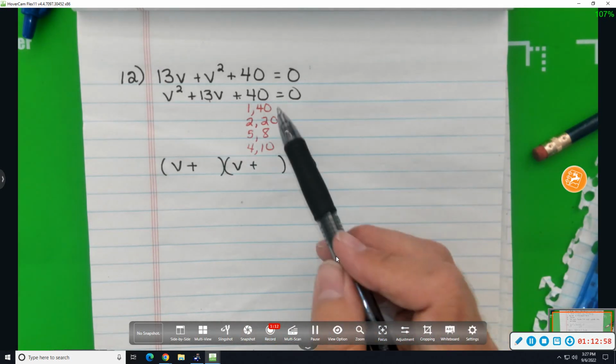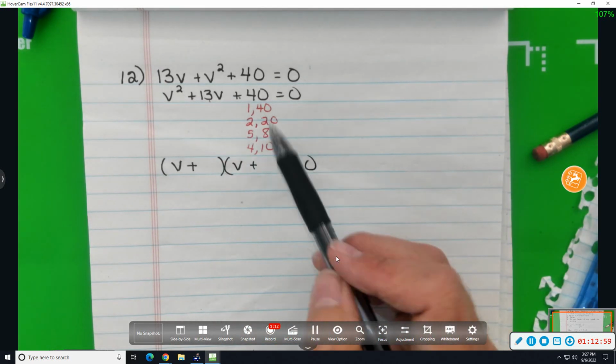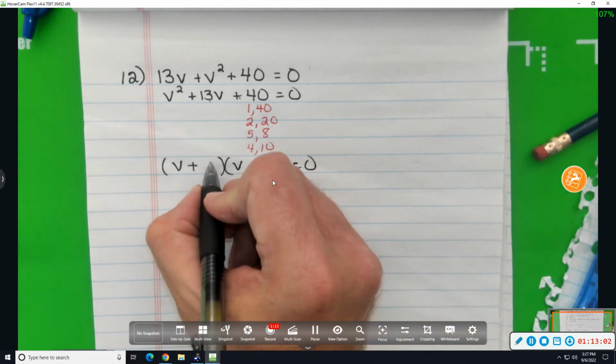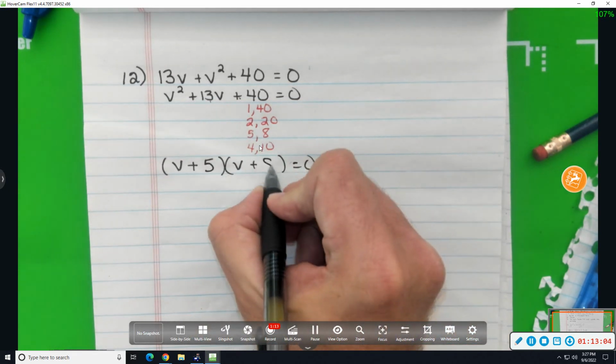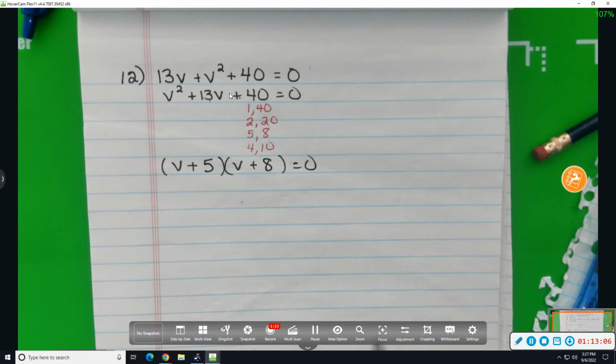The 5 and 8 are the ones that are going to do it. With a simple trinomial, you can pick the correct pair without any trial and error. That's a plus, so that means you have to add the 2 numbers to give you a 13. If that had been a minus 40, you'd have to subtract the numbers to give you a 13. That would have been trying in that case.